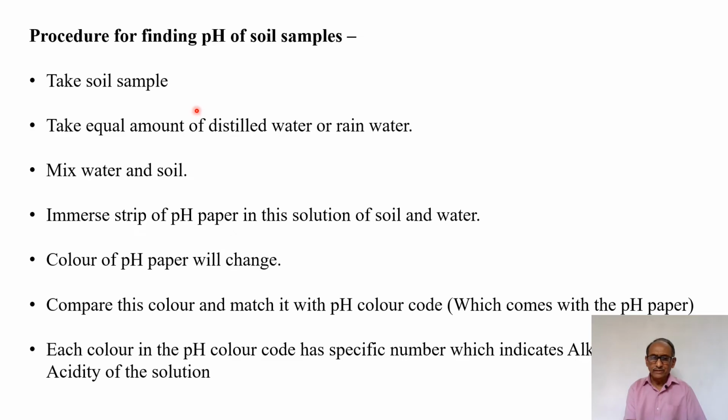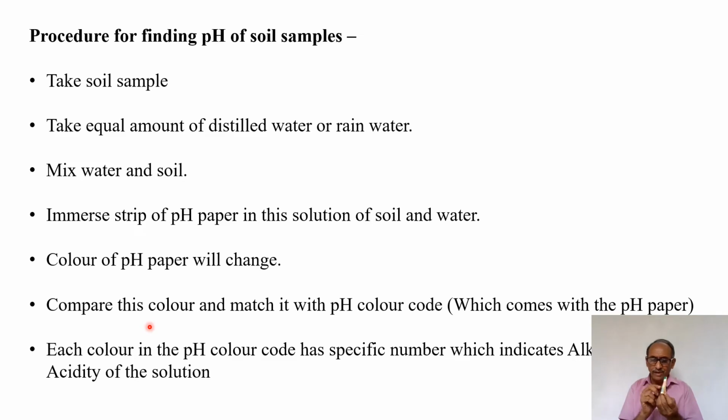So take a soil sample and take an equal amount of distilled water. You have to mix water and soil, and then immerse the strip of pH paper in this solution. So you'll have to take one strip and immerse it into that water. So the color of the pH paper will change, and then you'll have to compare that changed color and match it with the color code which is given on this strip.